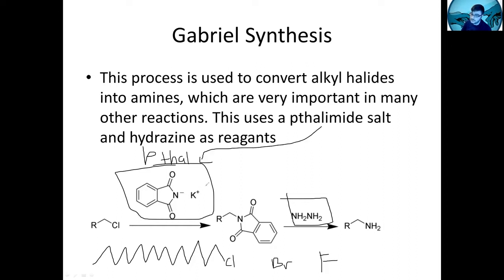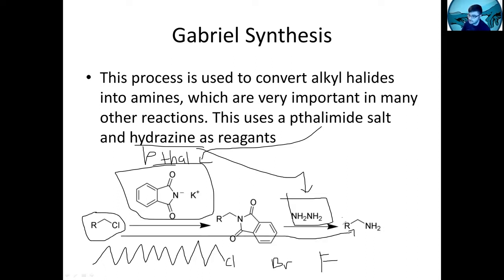And it's a salt because it has this negative charge and it also has potassium. So this one's a potassium salt. So this phthalimide salt and this hydrazine, which is this thing. Hydrazine uses these two as reagents, and you can turn this straight up into this, which is again very useful. Essentially, you just replace the halide with an NH2 group, turning it into amine.